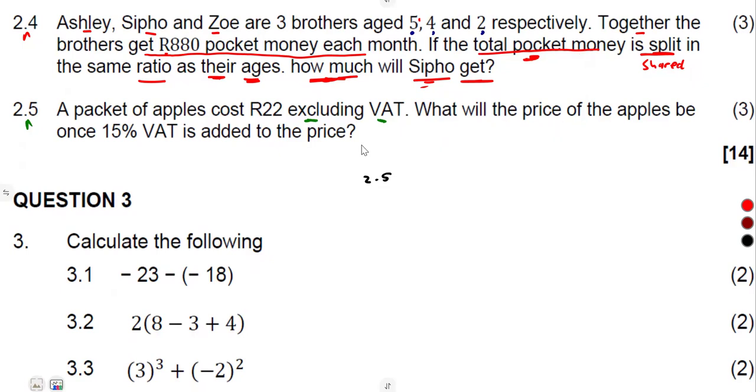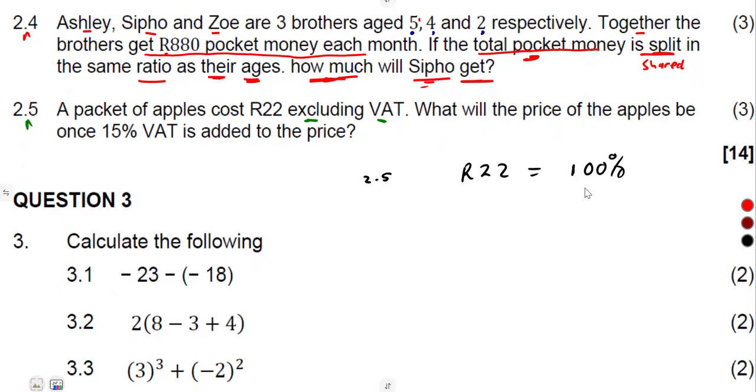The shop owner will be like, all right, let me sell this product at this amount, 22 rand. So that price will be at 100% in terms of the percentage.